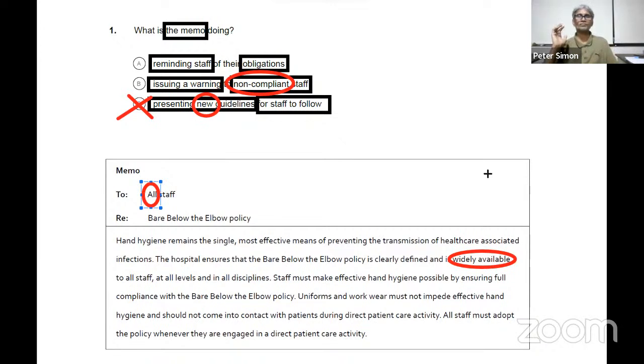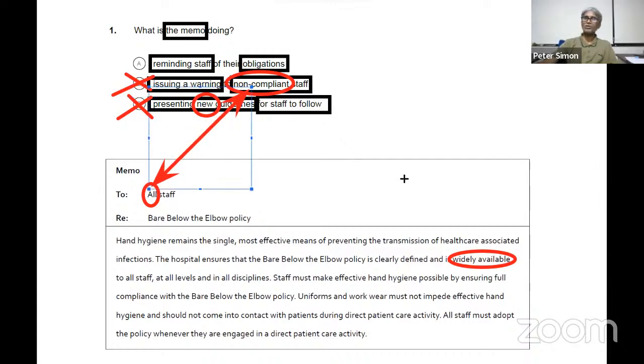Okay. Right. Now, so this is eliminated. Now let us clear it up. Non-compliant. This is all staff, not non-compliant staff, all staff. So this doesn't match.